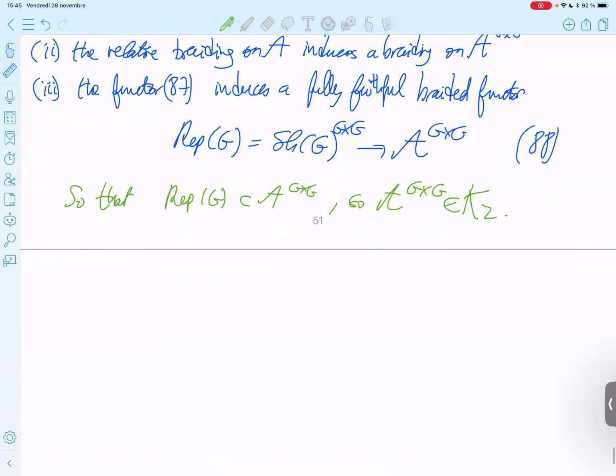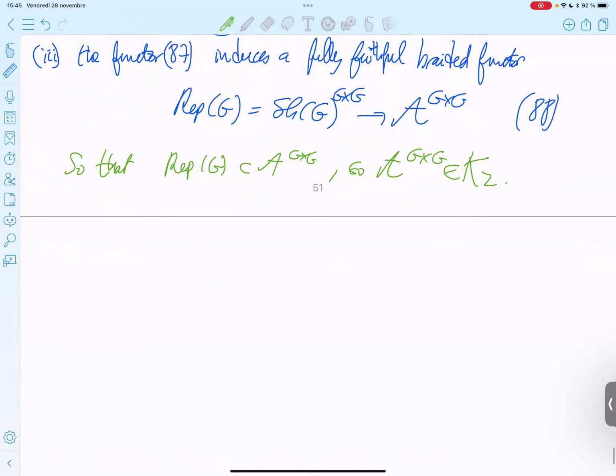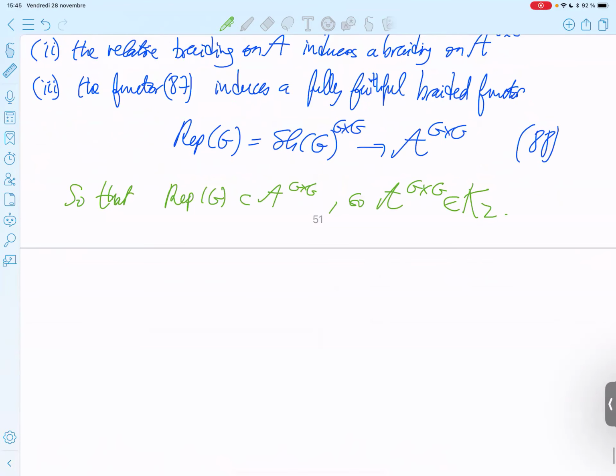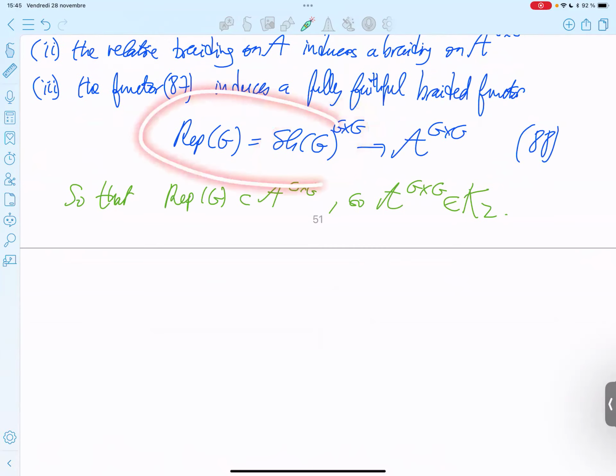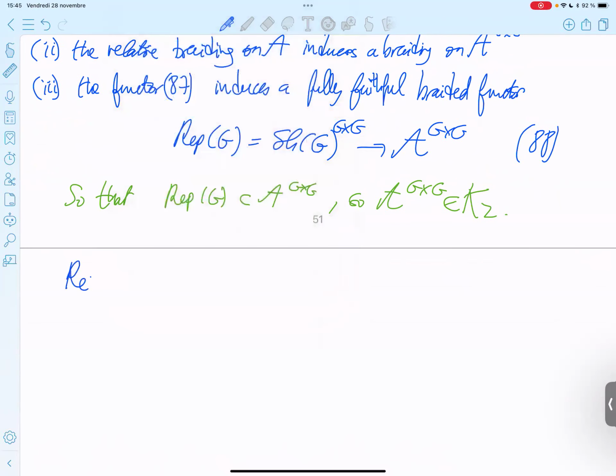Next. So before the short proof, there is a short remark regarding this point. A remark for 88.